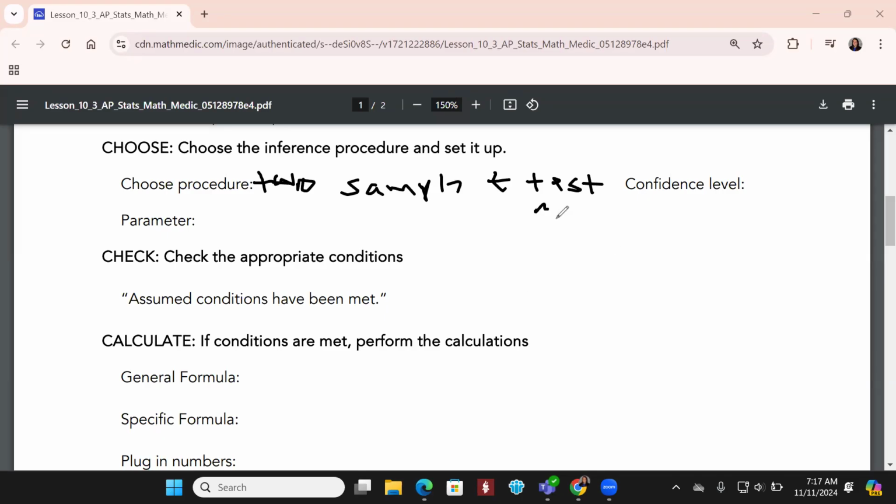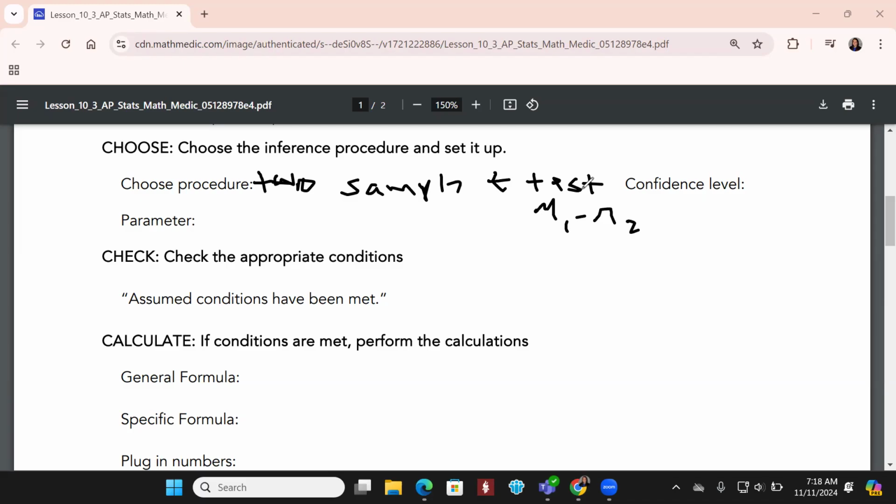I'm over it. 2-sample t-test. This is like serial killer handwriting.